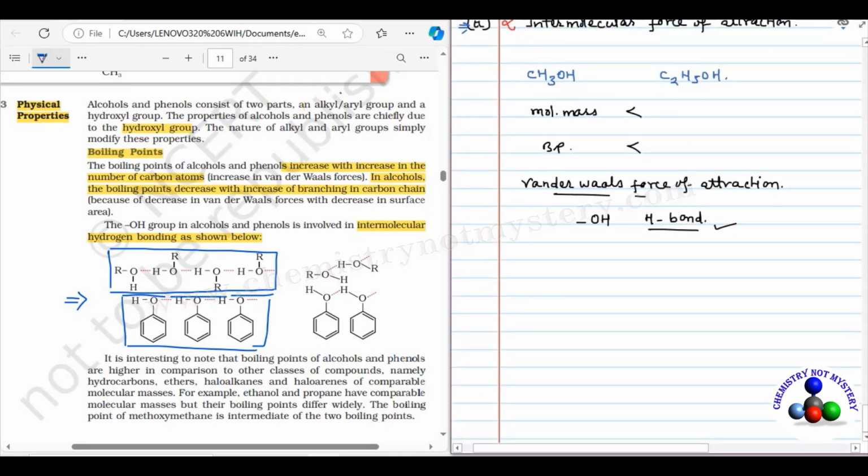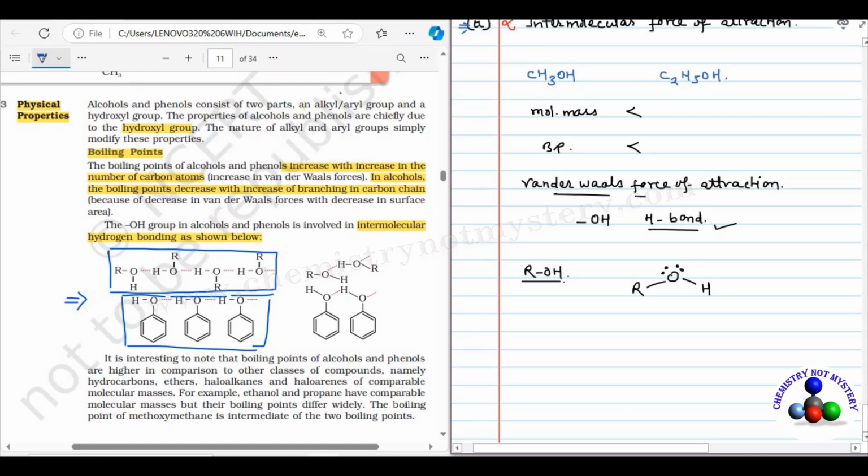Now when you see, this is the alcohol, for example ROH, and we already discussed the structure of alcohol. So in alcohol, this is the alkyl group and this is oxygen. Oxygen is bonded to hydrogen. Oxygen has two lone pairs of electrons. Due to the presence of these two lone pairs of electrons, the shape of alcohol is slightly bent.